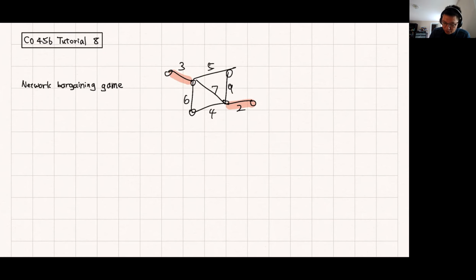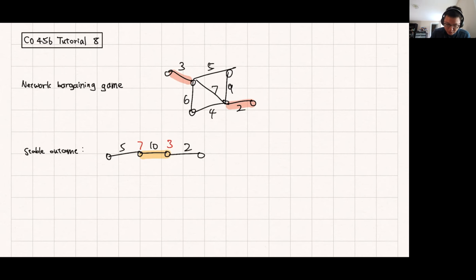Okay. And for a stable outcome, what we need is to look at the outside options and make sure that what you receive is greater than or equal to any outside option of that player. So if you have a very simple example like this, where I have 10, 5, 2, and let's say I split the 10 in this way, 7, 3.